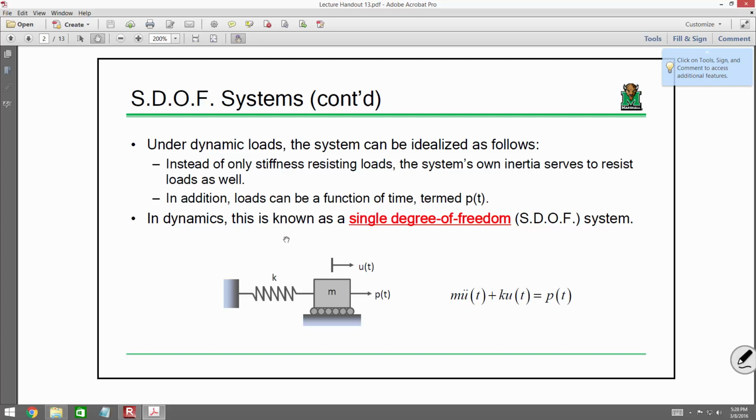I propose to you that when we apply loads and we consider time to be a factor, because of Newton's second law, it's not just stiffness that is resisting those loads, it is the system's own inertia. So the equation is not just Ku equals the load, it's m u double dot plus Ku equals the load, and we get this.